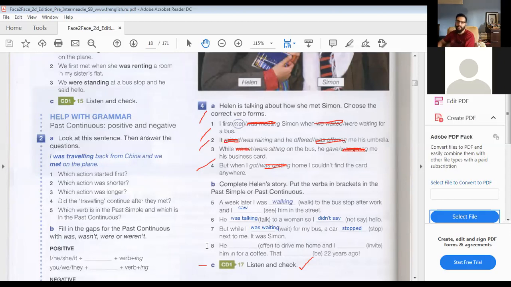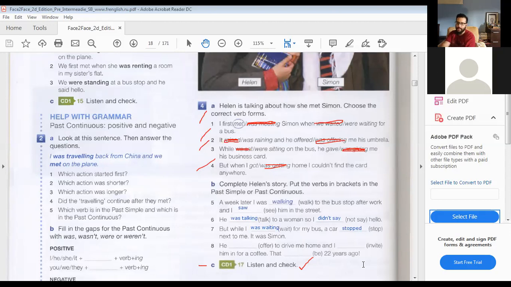Of course, you don't. Not all the sentences need to have past continuous and past simple. Maybe you don't need one of them. Just like example number 4. Do you see? Number 4, we didn't need past continuous, only past simple. So maybe this is the same. Yes. And of course, the clue.